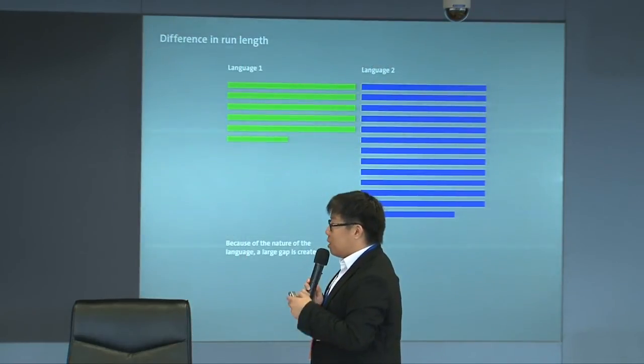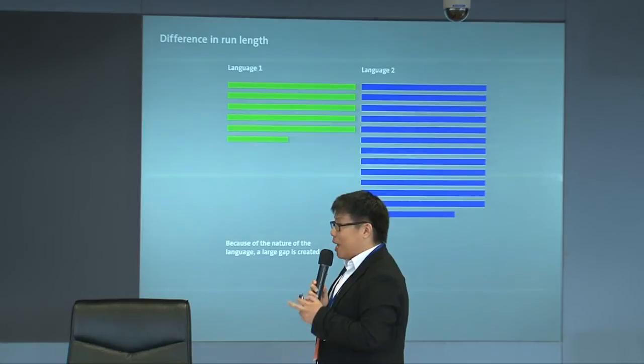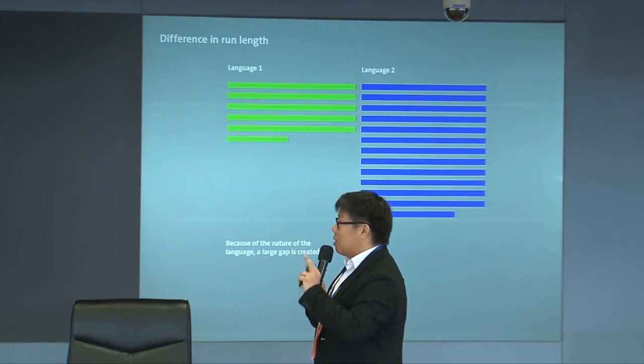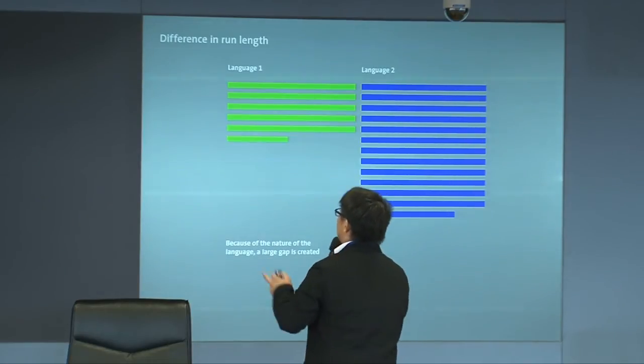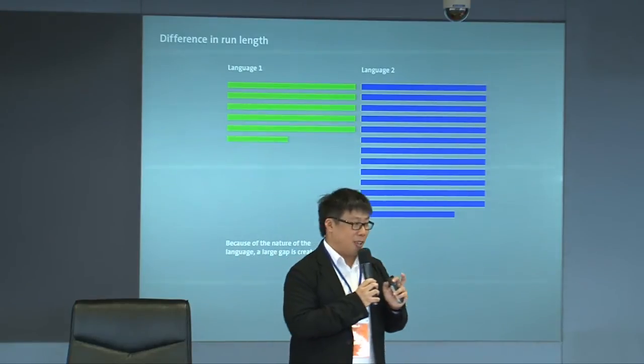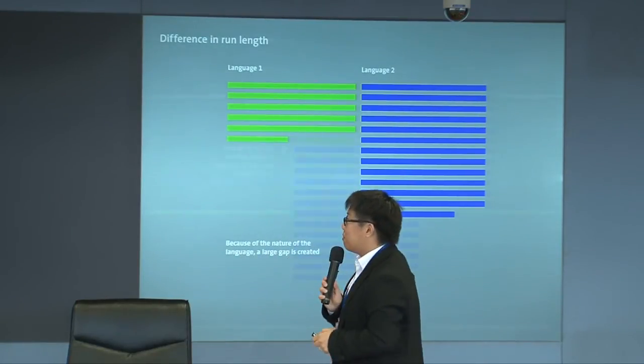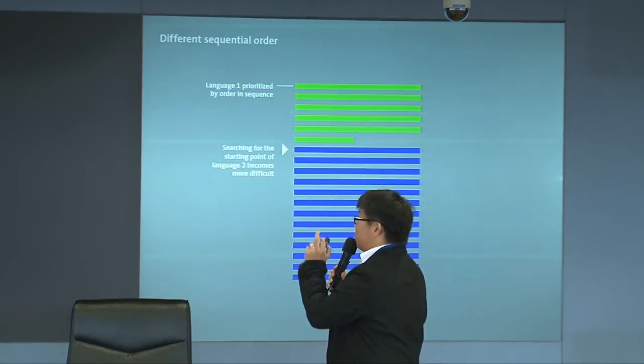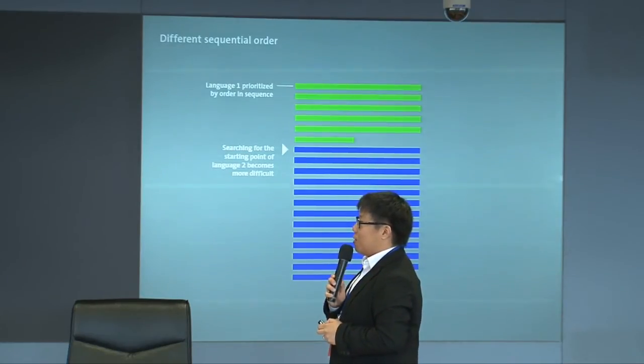So when we consider bilingual typography, we have to think about how we focus the attention for the users in terms of design. Difference in run length is already a problem because the visual presence of the 2 languages is different by nature. Do we do this? And how do we search for the beginning of the other language?